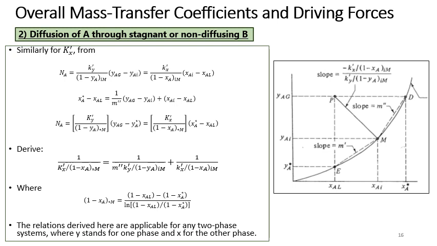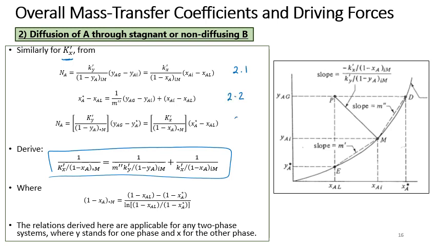Same thing for absorption and stripping. If you talk in terms of Kx, in terms of the liquid phase, then you derive this from your new equations 2.1, 2.2, and 2.3. You substitute 2.3 and 2.1 into 2.2, then you get this. You can do your own derivation.